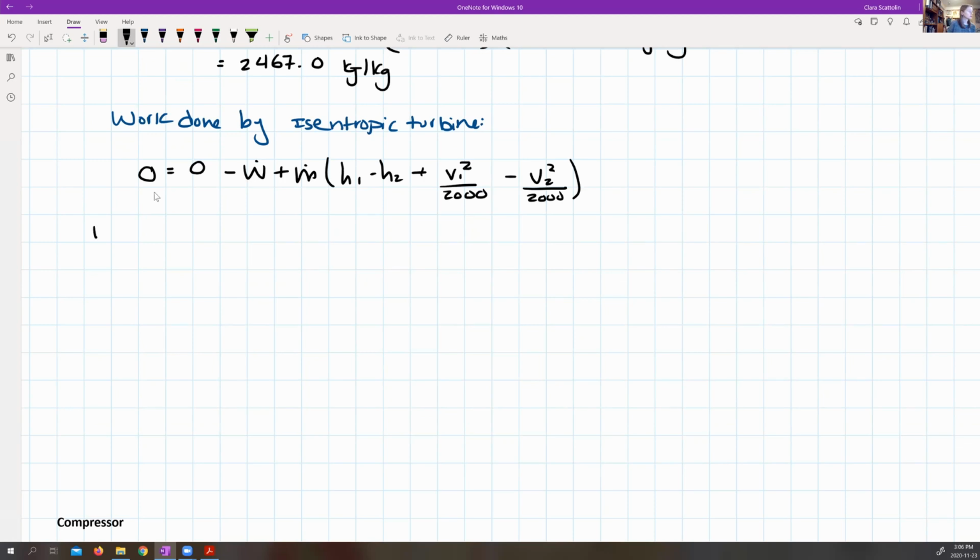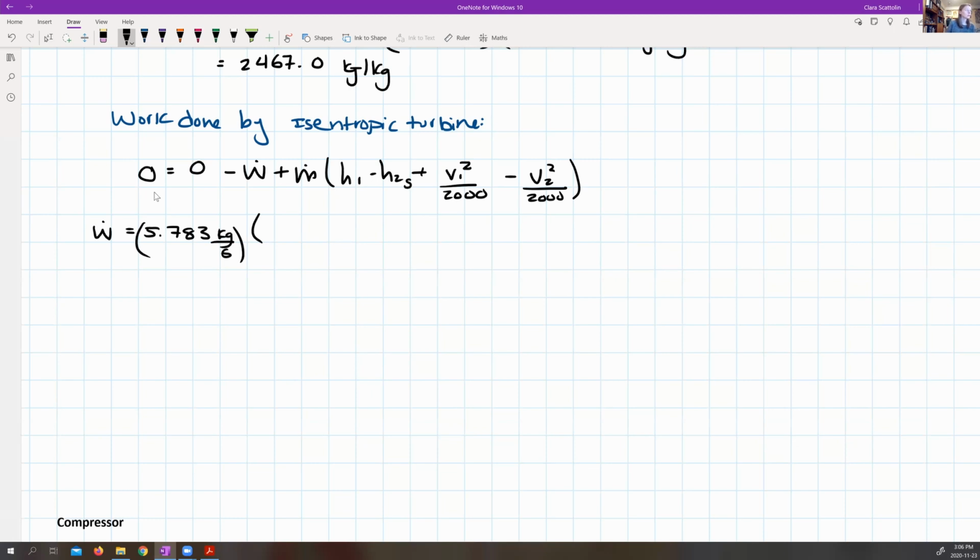So what this means is my work is going to be equal to the flow rate, which I calculated earlier. There was a reason we were asked to calculate it. 5.783 kilograms per second. And now this is my H2S, my beautifully functioning isentropic turbine.